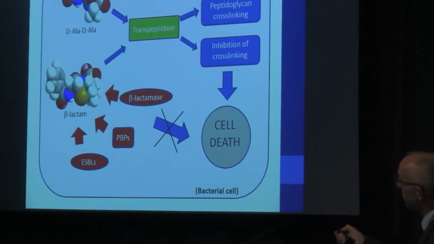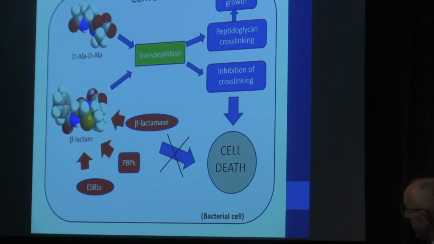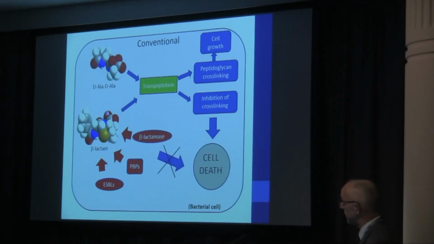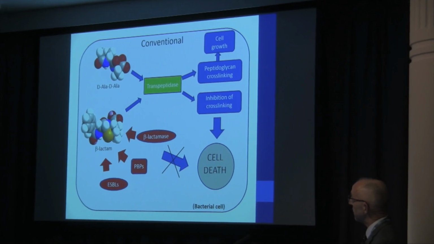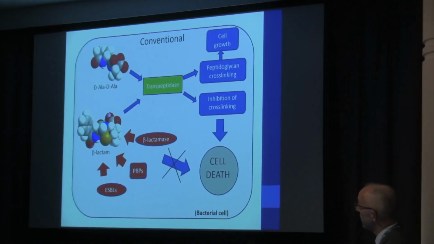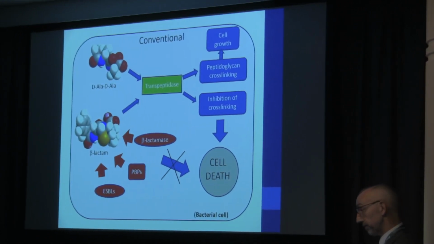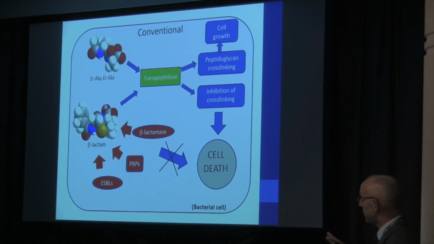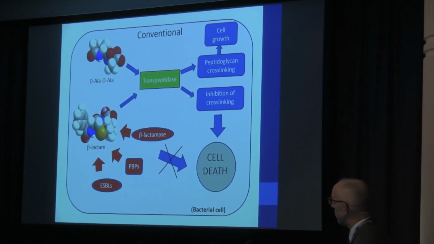The important part of the molecule in bacteria is what's called D-alanyl-D-alanine, which is a dipeptide. This exists in the cell wall in order to form crosslinks and strengthen the cell wall. So as the cell grows, it stays intact.